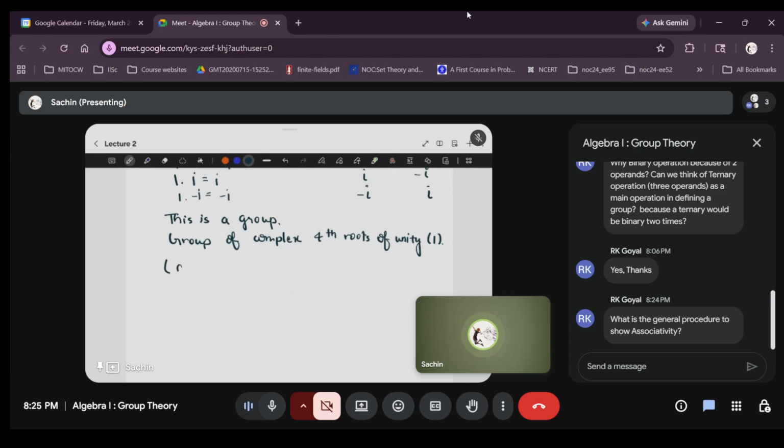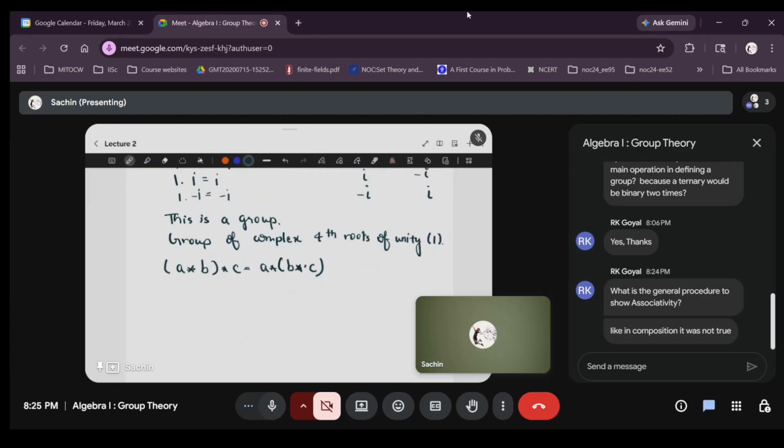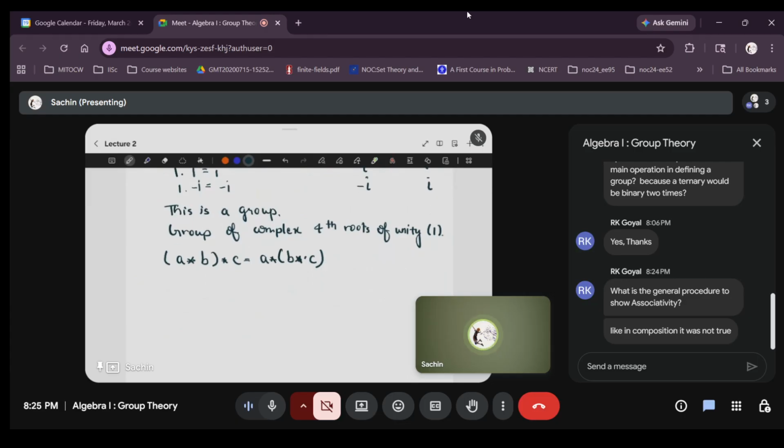That's all. You have to show that (A star B) star C is A star (B star C). So, for example, 2 plus 3 plus 5: you do the inside operation first, 3 plus 5 is 8, and then 2 plus 8 is 10. And (2 plus 3) plus 5 is 5 plus 5, which is 10. So these two are equal.